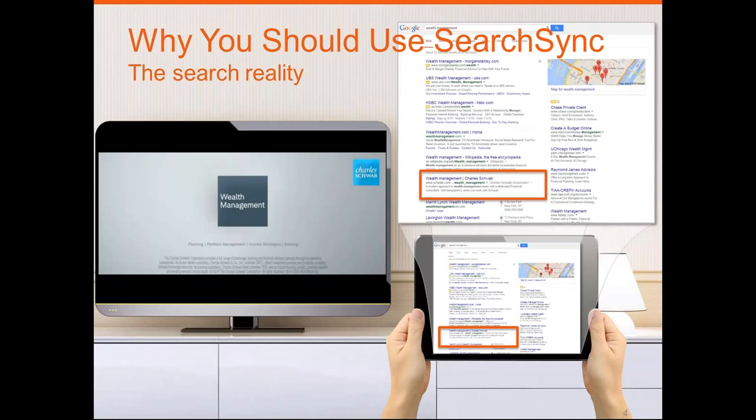So we'll take the example we have here, Charles Schwab running a wealth management campaign on TV, buying expensive TV airtime, and if a TV-inspired user searched on Google for wealth management, we would have Charles Schwab somewhere in the organic listings, not even running a paid campaign.